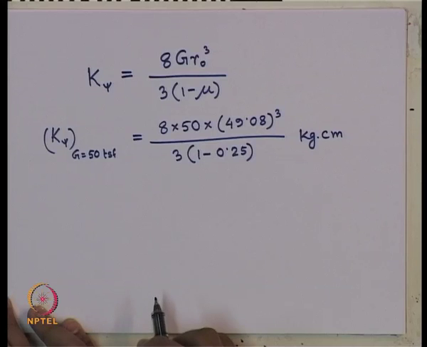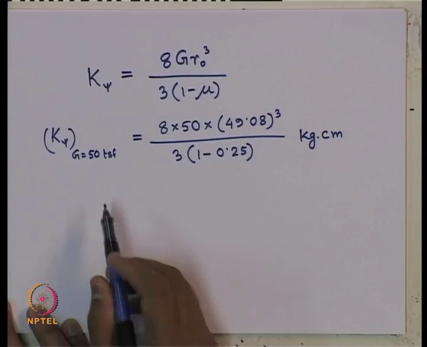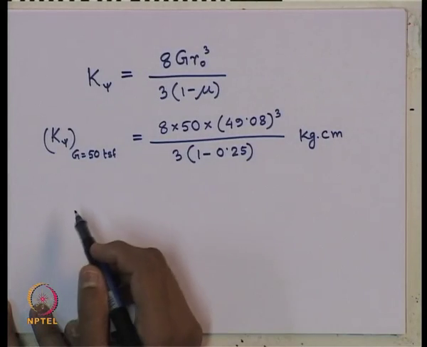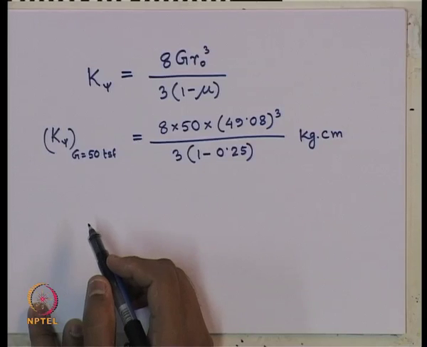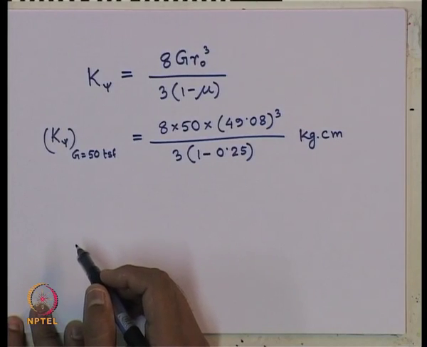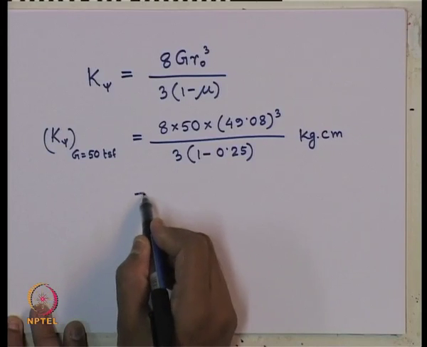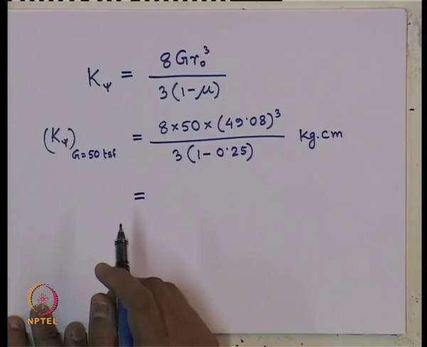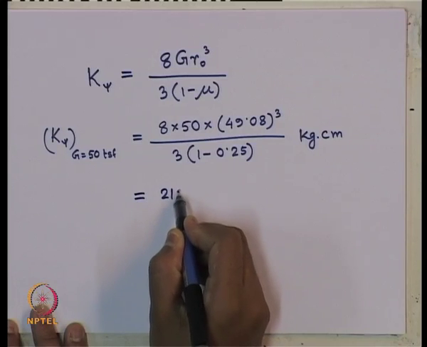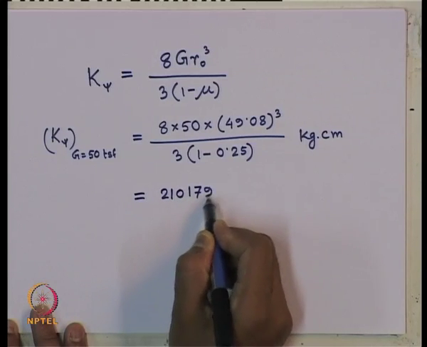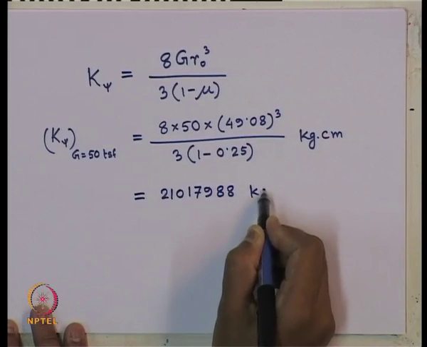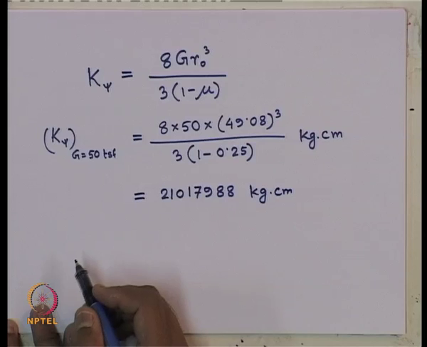Unlike earlier, the unit of k was kg per centimeter, because that was linear spring, whereas these are rotational springs. So, note that the unit has changed now, because these are rotational spring constants, not translational spring constants. So, how much we are getting for this first type of soil? 21017988 kg centimeter.